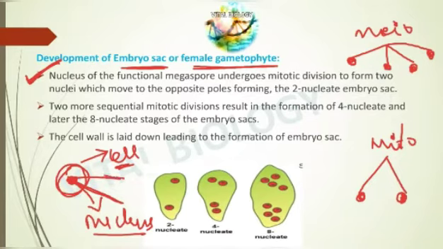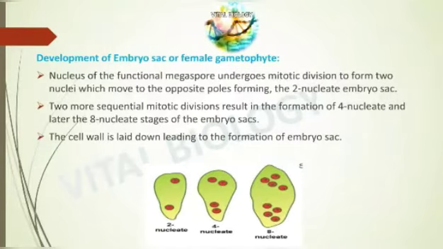If this is one megaspore, inside that the nucleus divides mitotically to form 2 nuclei, this one and another. Again this undergoes mitotic division and forms another 2 nuclei. And that 4 nucleated stage again forms 8 nuclei. In that way. So I'll just go through this theory now.